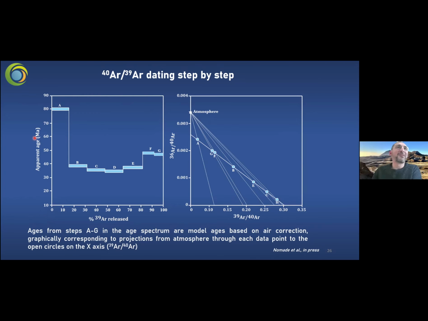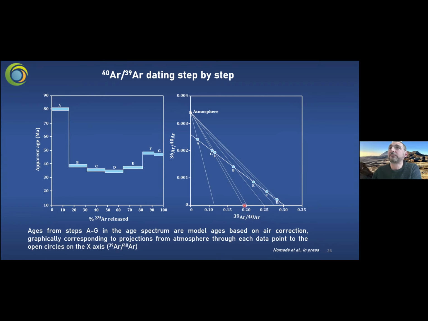Okay, so the point here is the low temperature step, and it is this point here. If at T0, at the moment of crystallization, the rock equilibrates with the atmosphere, you have an isochron that is a simple mixture between the atmospheric component, the 40-36 ratio, and the 39-40 ratio, which is, let's say, the radiogenic component.